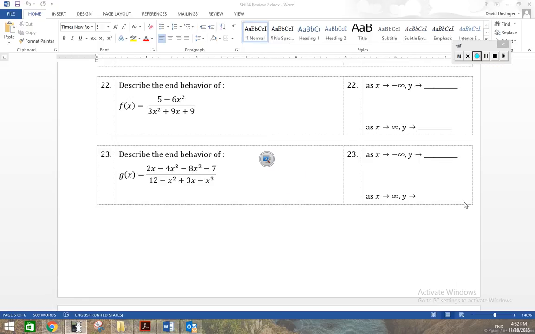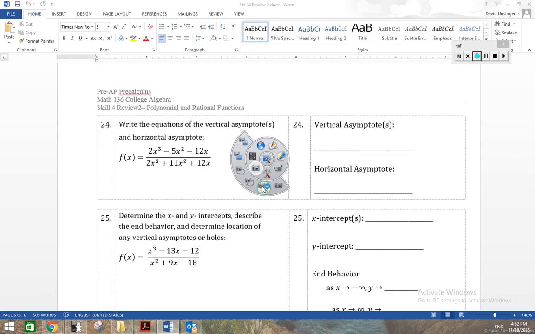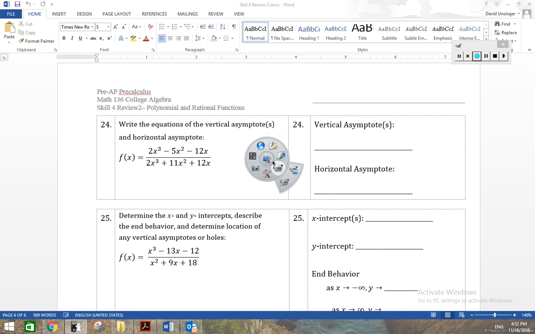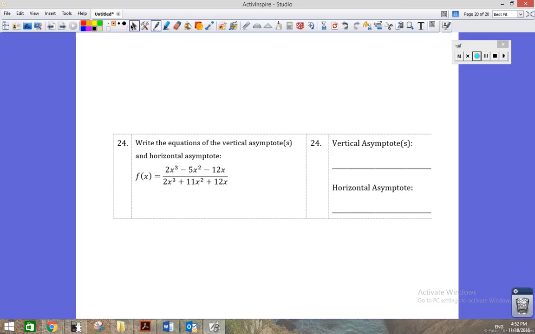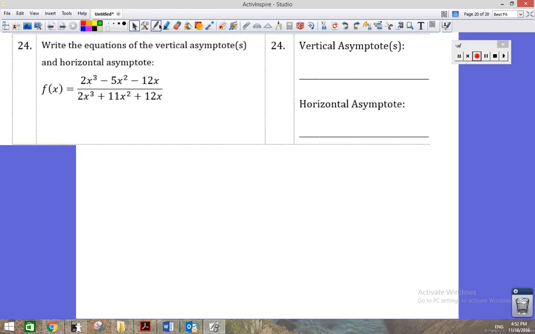Alright. So, what do we got? They're asking about asymptotes. For the vertical asymptote, I have to factor this and write this fraction in reduced form.